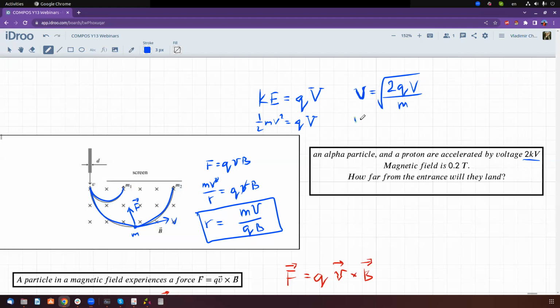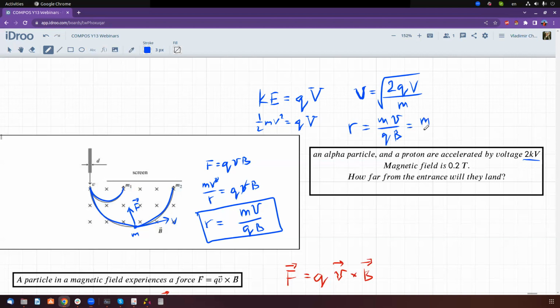And the speed of the proton is going to be, well, we don't need that yet. That's the speed. Now we know that the radius of the particle is mv divided by qB. So we can sub that in.